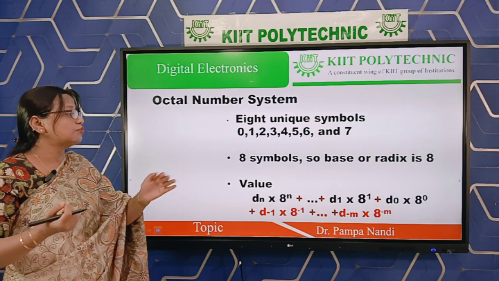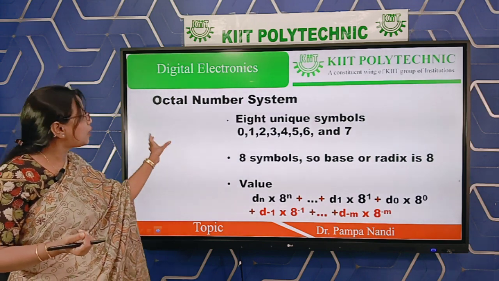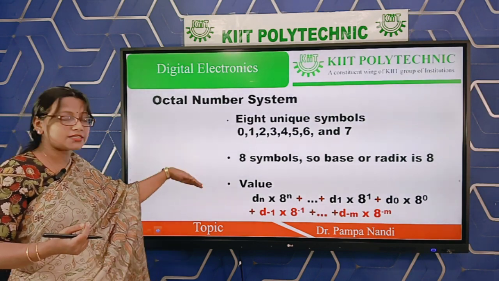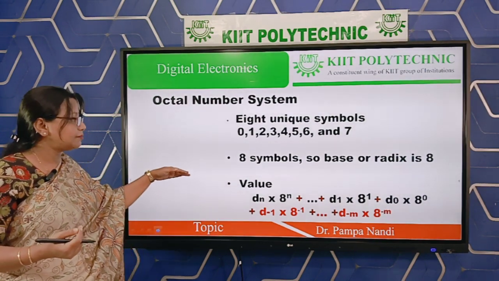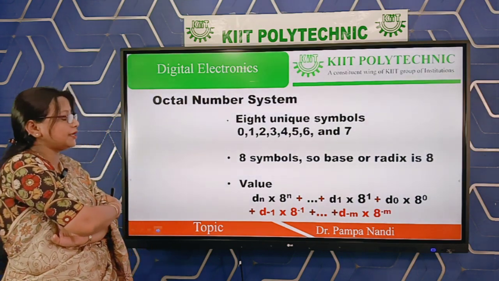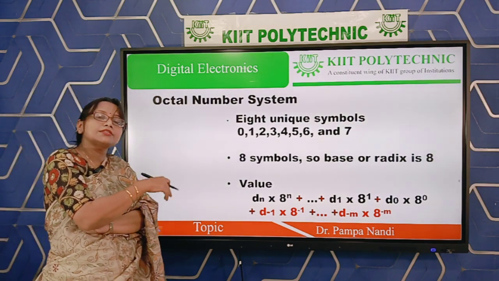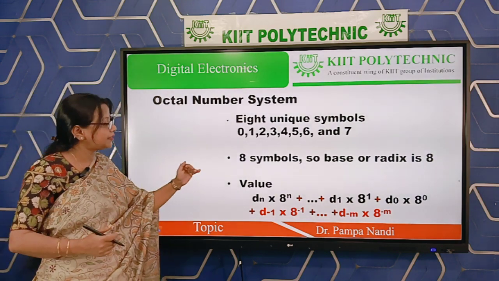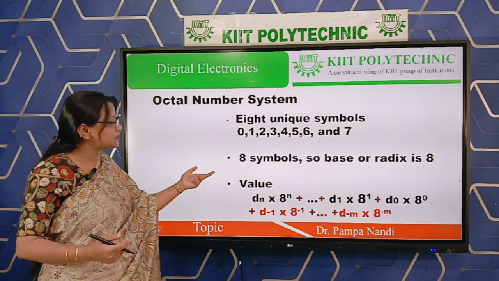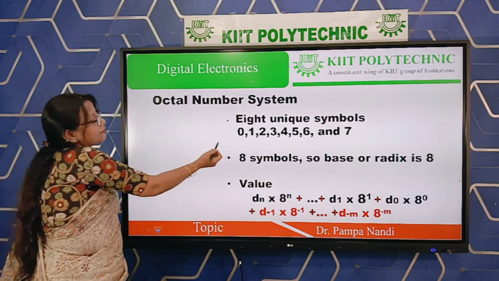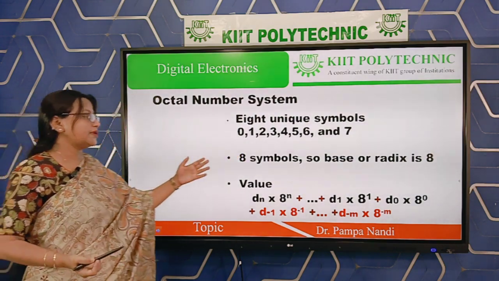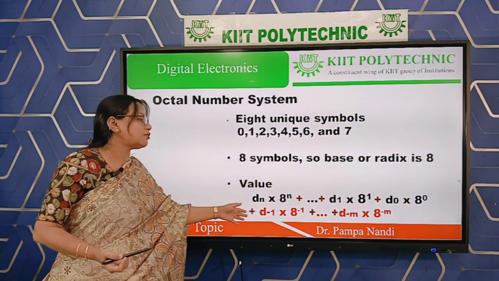So to make conversion easier, we take octal, which is nothing but an extension of the binary number, having 8 symbols. It is very conversant with the binary symbols, and we can easily change between the binary and octal number systems. As it has 8 symbols, its base is 8.